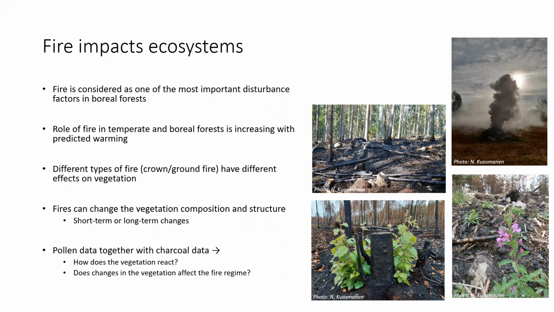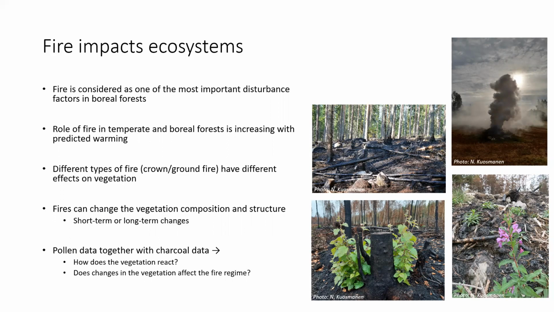And depending on what kind of fire occurs, the fire can change the vegetation composition and structure, and it can be very short-term changes, and there can be succession back to the previous forest composition and structure, or there can be long-term changes and it can completely change the forest composition at the site of the fire.